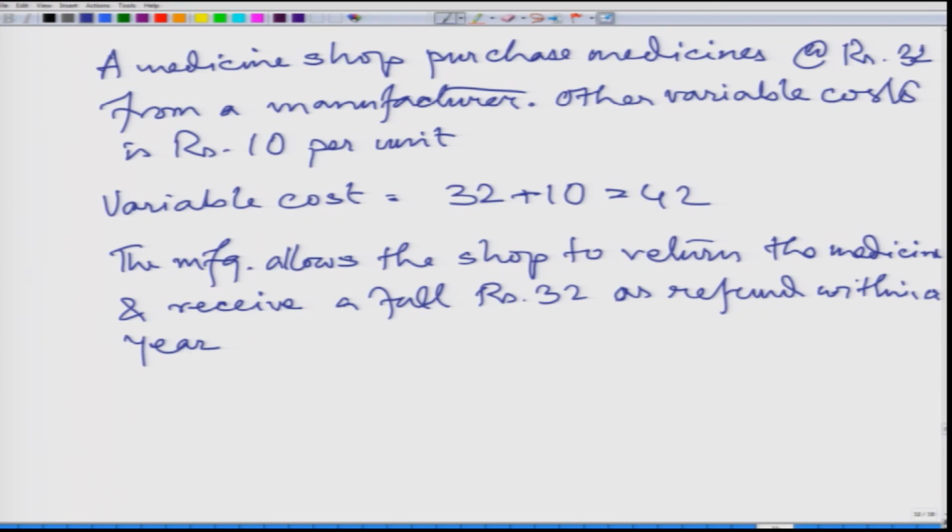Yes, the average selling price is rupees 70. So the selling price per unit on average is rupees 70.